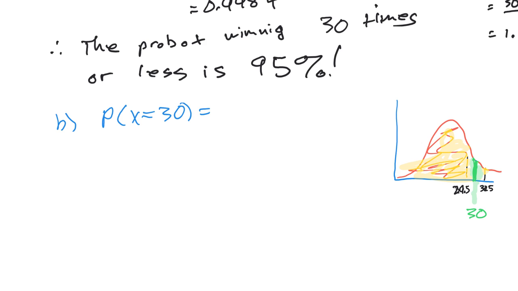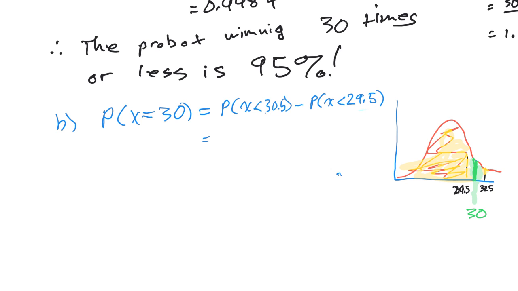So we're going to calculate the probability of X being, sorry, not less than or equal to, but less than 30.5 minus the probability of X being less than 29.5. Do your calculations by going to your Z table. But right now, all we're going to do is calculate this.